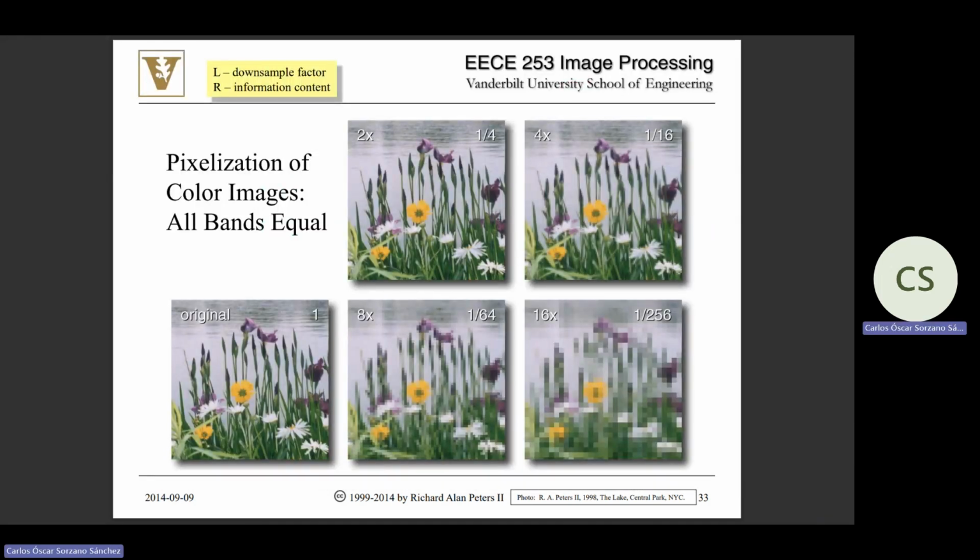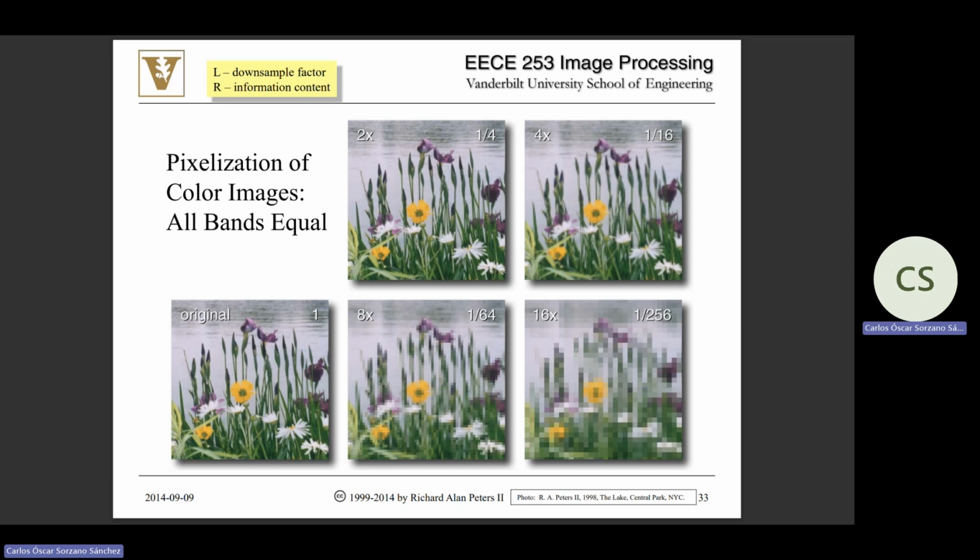So this is our original image with all the channels, and now you construct pixels or averages that are of size 2 times 2. The boxes are of the same size I draw, and then 4 times 4, 8 times 8, 16 times 16. So you can imagine in all channels.